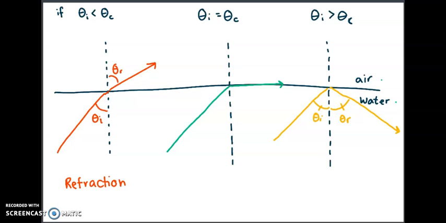The defining case of the critical angle is that the refracted angle is equal to 90 degrees. It's neither regular refraction, nor is it total internal reflection. It's neither of those. This is the critical case. At this critical angle, light goes from water and then travels along the boundary between air and water.